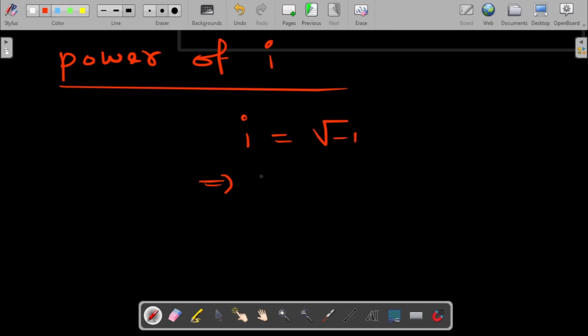And if I square both sides, then I will get i square equal to minus 1.